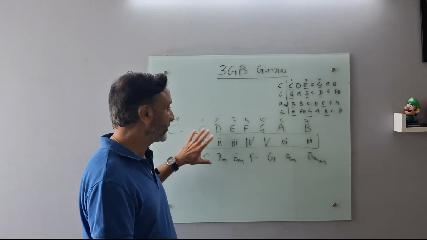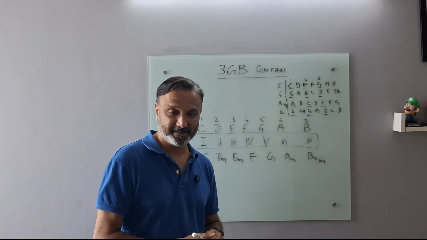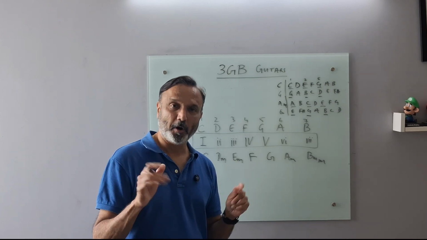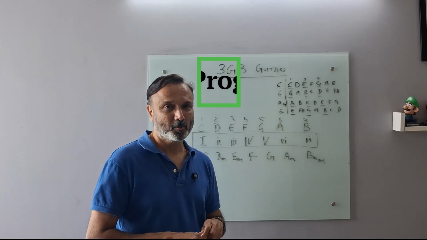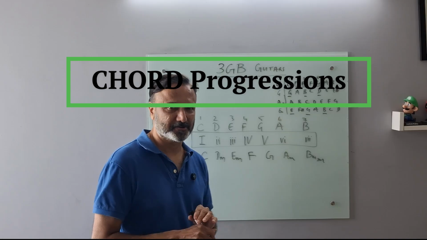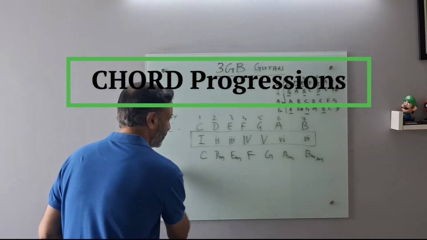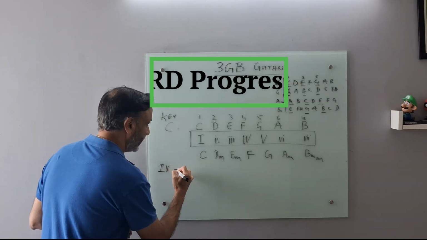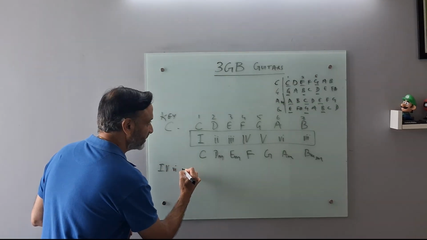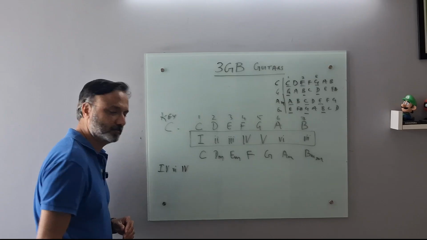Okay, now that you've figured out how to get the chords in the key, let's look at some very popular progressions, right? So one of the most common progressions is the 1-5-6-4. That is 1, 5, 6, 4.